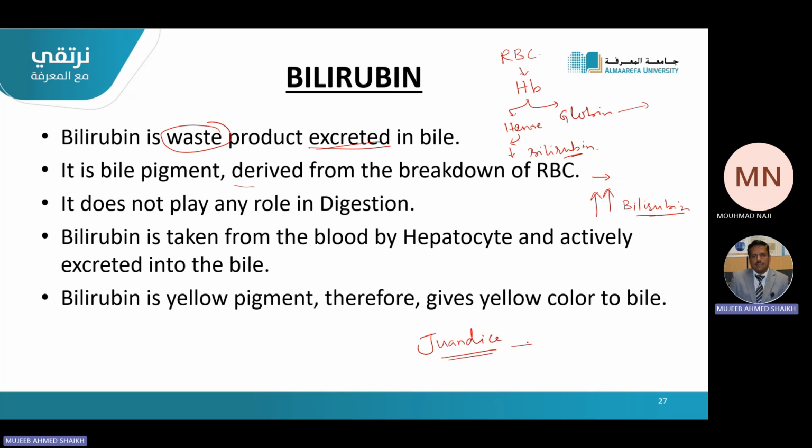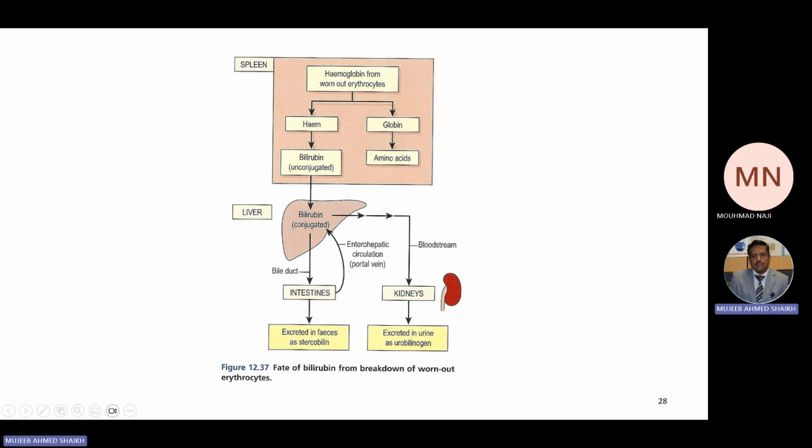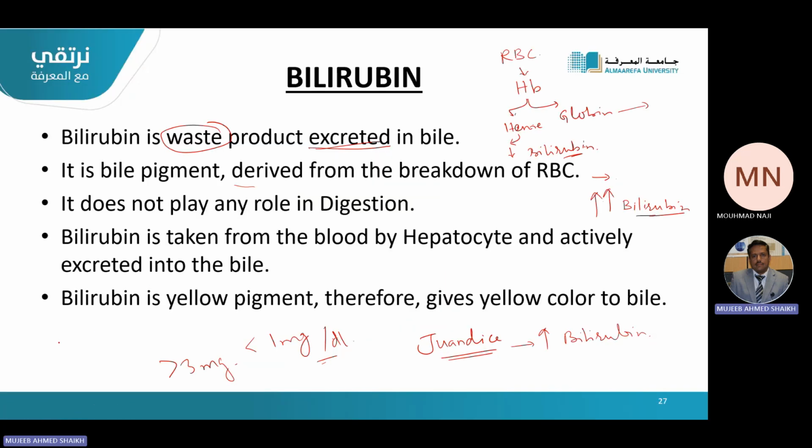Jaundice is nothing but increased bilirubin concentration in our body. Normally, the bilirubin concentration is less than 1 milligram per 100 ml, or per deciliter, in our body. If the concentration increases to more than 3 milligrams, then you can easily see the yellow discoloration of the sclera in the eyes. Suppose this is an eye.